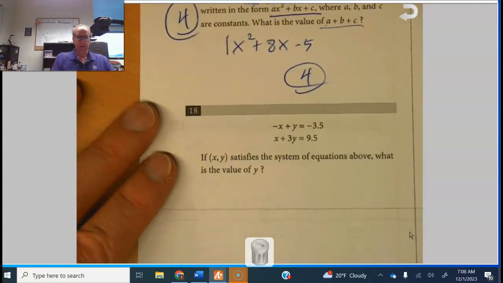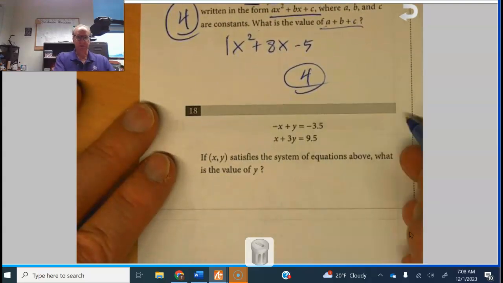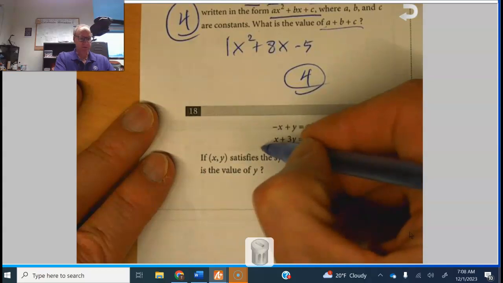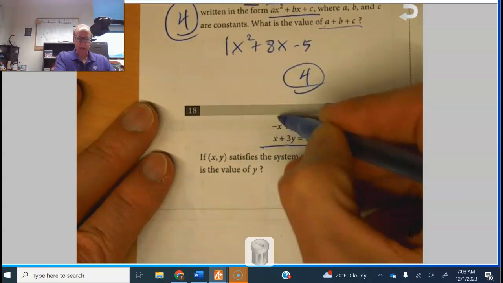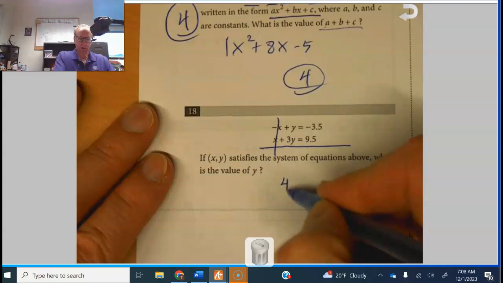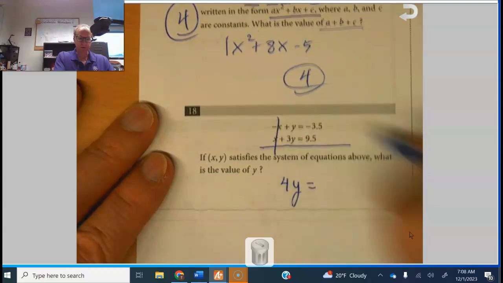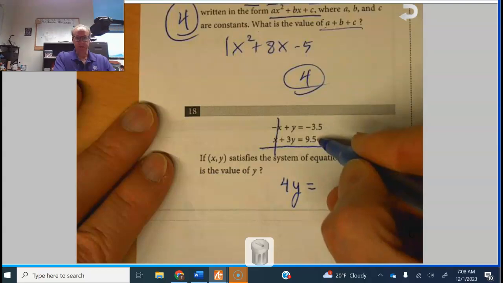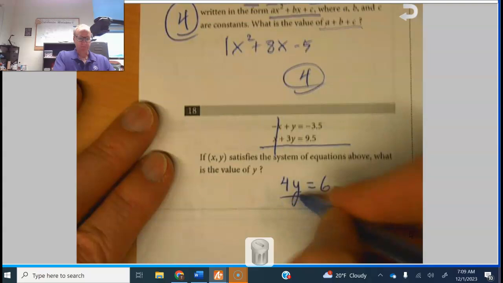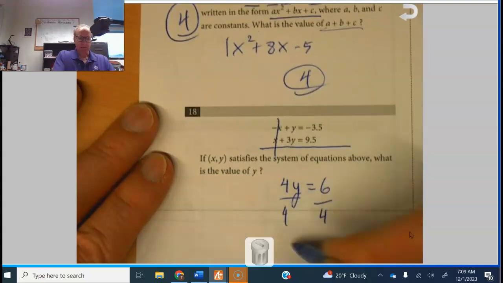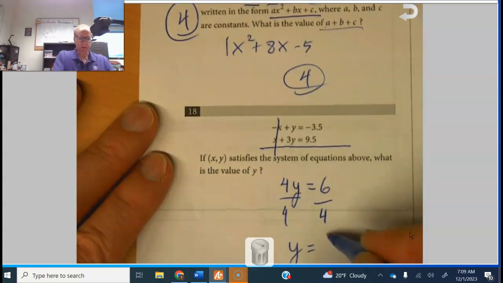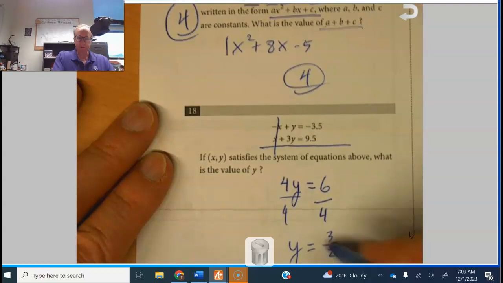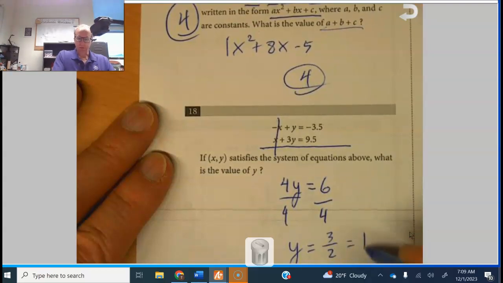Number 18, we want to solve the system. It's set up so beautifully for addition. I can just add it together and get 4y equals negative 3.5 plus 9.5, which happens to be 6. Divide by 4, and y is equal to 3 over 2, which is a perfectly acceptable answer, or 1.5.